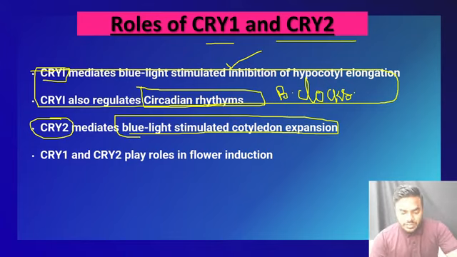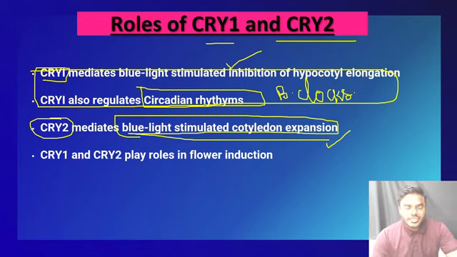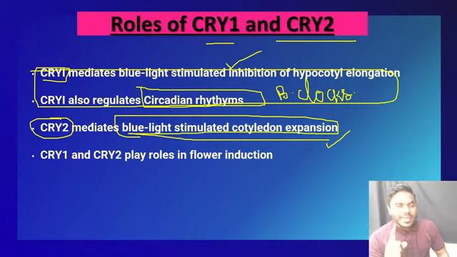Kindly don't confuse: Cry2 mediates blue light stimulated cotyledon expansion. So friends, Cry2 alone is responsible for cotyledon expansion. Cry1 alone is responsible for inhibition of hypocotyl elongation and regulating circadian rhythm.